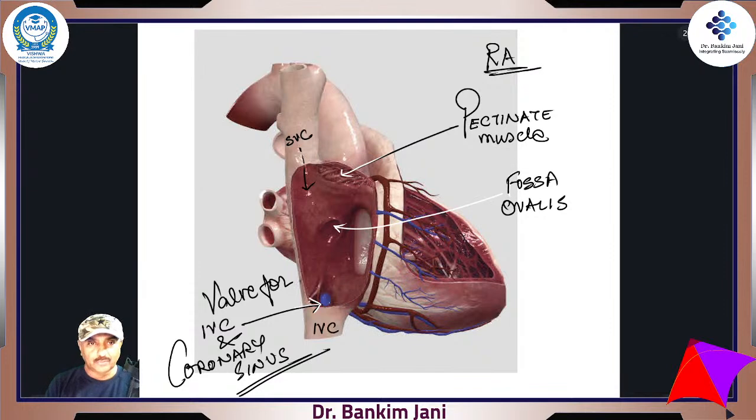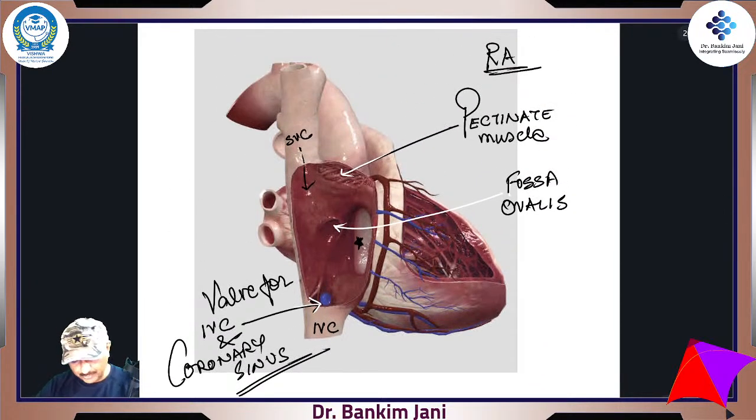The only important thing here is this portion, where I'm putting a star. This is a septum. If we are watching at an angle, on the opposite side there would be the left atrium, so this septum is between the right and the left atrium. That's why it becomes the interatrial septum.